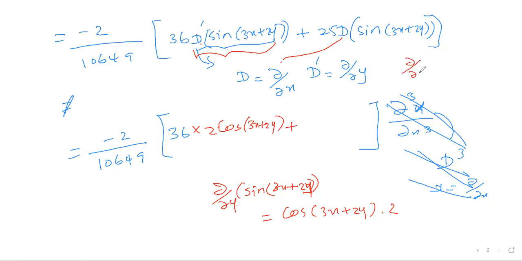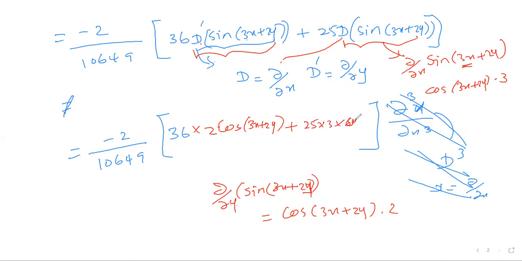So daba over daba x of sine 3x plus 2y will give you again cos 3x plus 2y times the x term, which is 3. Already 25 is there, so we are transforming this part only. So 25 times 3 times cos 3x plus 2y.